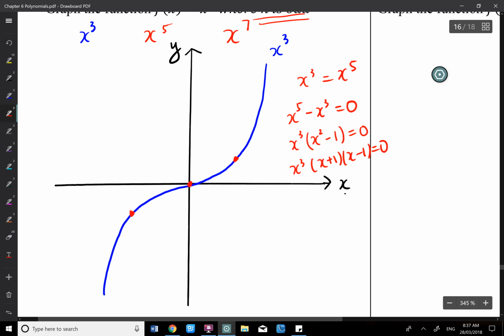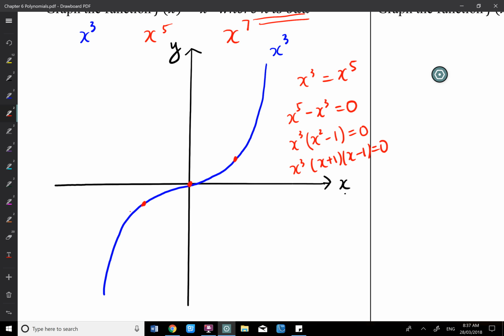It should be approximately symmetrical. You see, 1 and 0 are always the special numbers. 1 to the power of anything will still be 1. Negative 1 to the power of an odd number will be negative 1, and with an even number will be 1. So 1 is the special point. They only intersect at those 3 points, right?